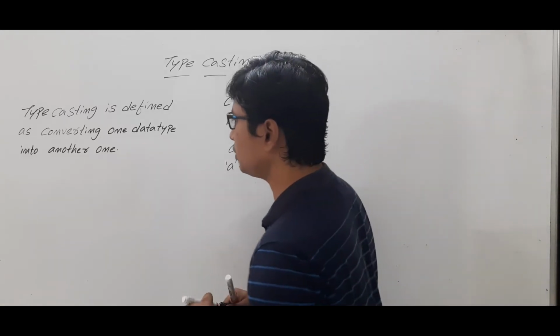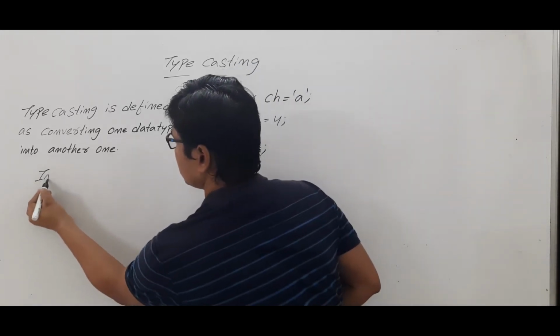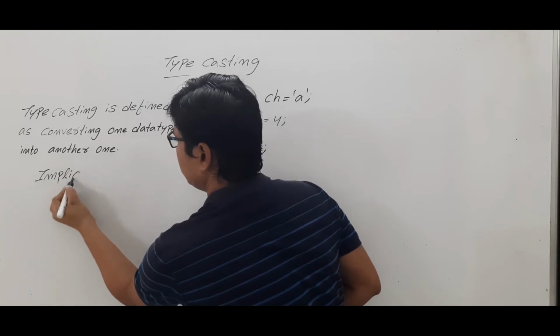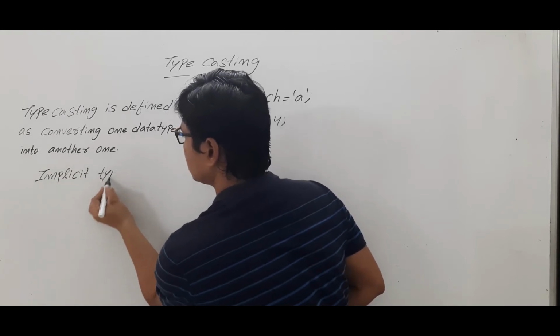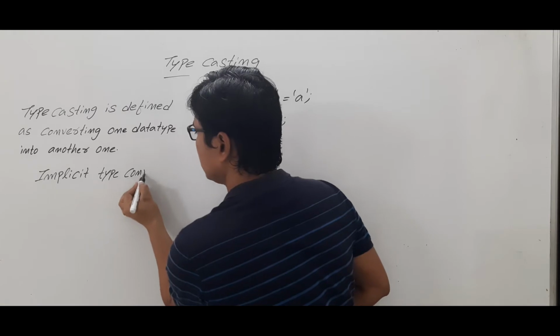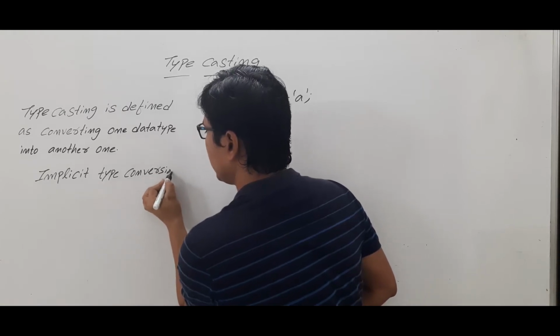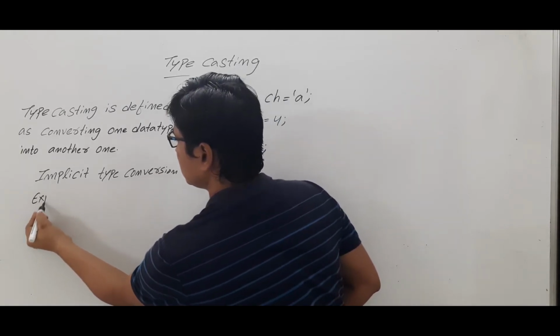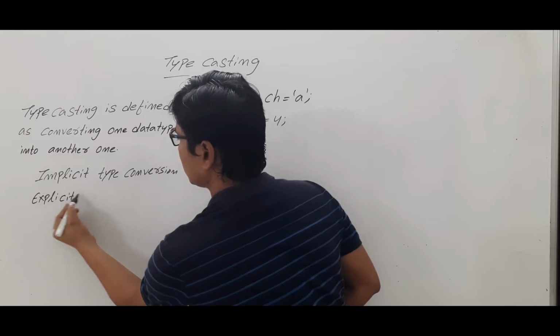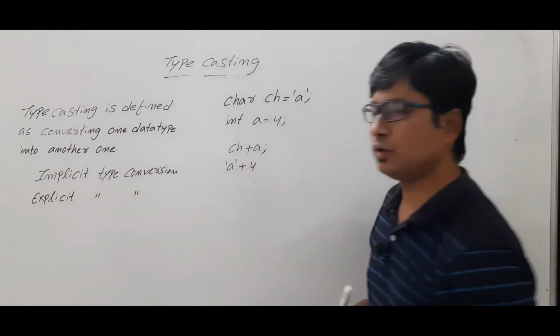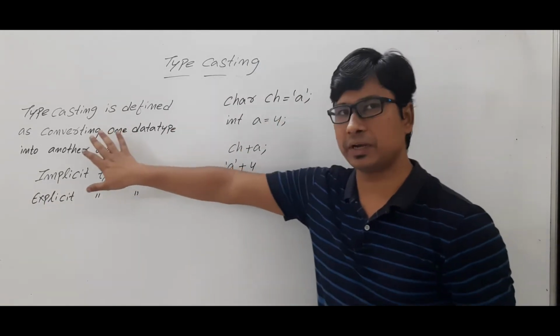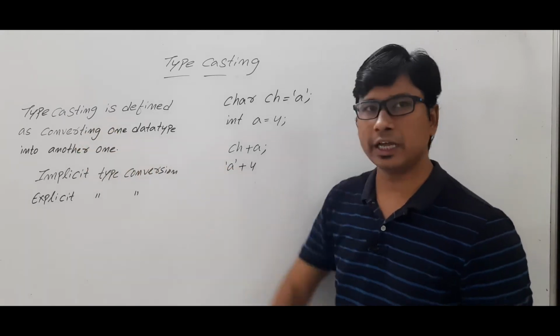Now let me write about them. Implicit type conversion, and then we have the explicit type conversion also. I hope you have understood what typecasting or type conversion is and how many types they have.